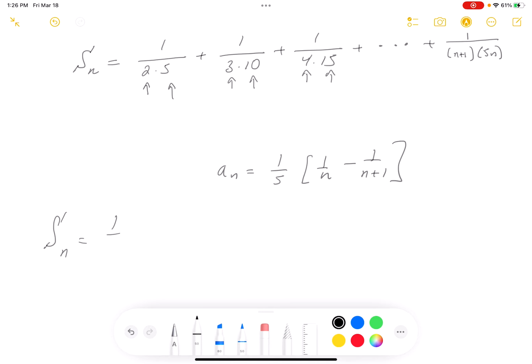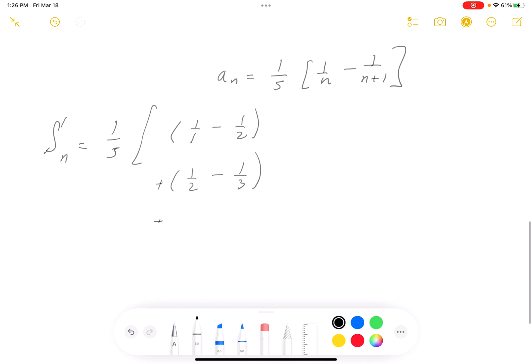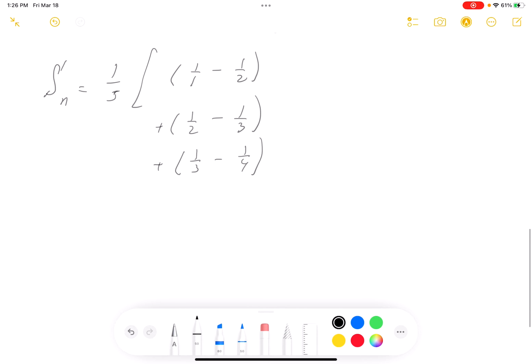Well, it's going to be 1/5. Like every term has 1/5 in it, right? Let's just put down A1, this term over here. What would you get? 1 over 1 minus 1 over 2. Let's put the next term down, which is A2, plus 1 over 2 minus 1 over 3. Let's put the next term down. Well, 1 over 3 minus 1 over 4. Right? I've got a generalized pattern for this, and you could go on and on and on, but I'll just do this, dot, dot, dot.